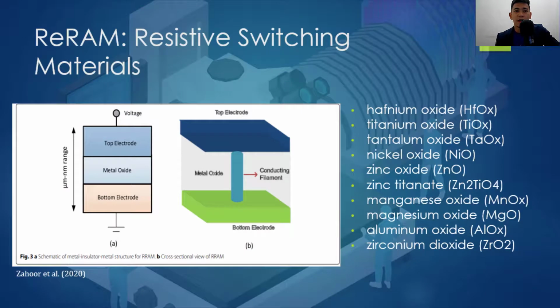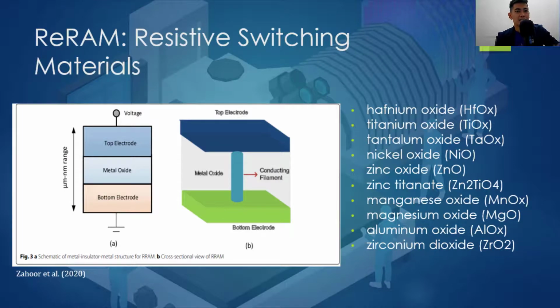So the RRAM consists of an insulating layer that's sandwiched between two metal electrodes. RRAM relies on the formation of conductive filaments corresponding to LRS and HRS. It has been observed that in some insulators, the change in resistance occurs under the application of an electric field. This change in resistance has recently been investigated for non-volatile memories, and we will talk about that later on for the application.